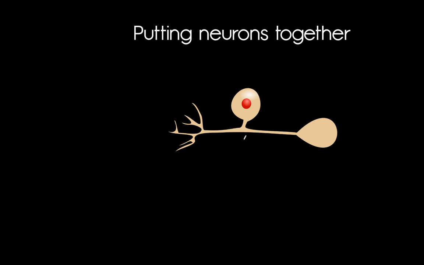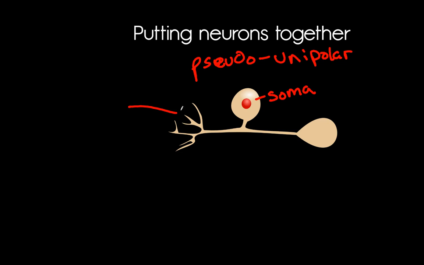What we have right here now is a different arrangement of neuron called a pseudounipolar neuron. What you'll see here is that the soma, or the cell body, is off to one side. It's not directly in line with the axon that's right here. Also, you'll notice it has no dendrites, and then down here at the end we have the axon terminals.